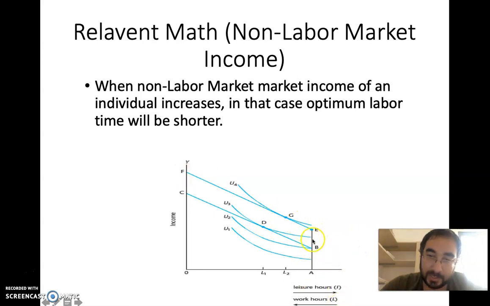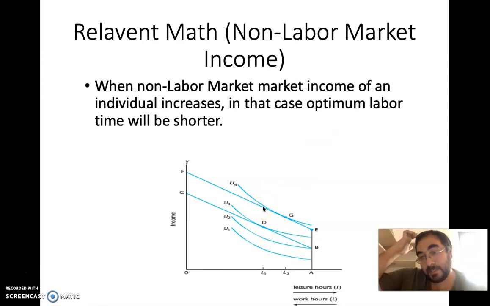The only thing that changed was the increase in the non-labor market income, which means our budget line has the same slope, but the slope of the indifference curve passing from the point that's right above the D has increased.